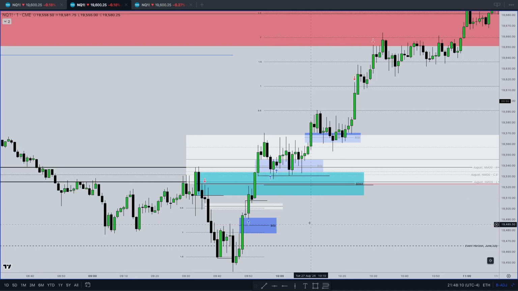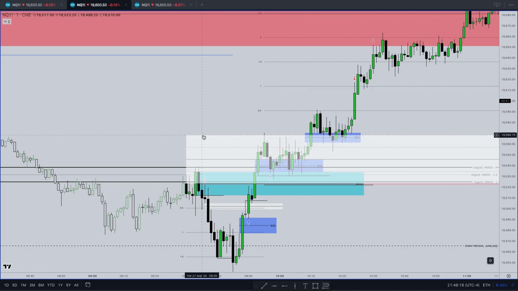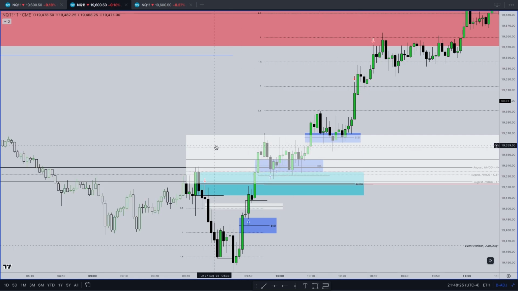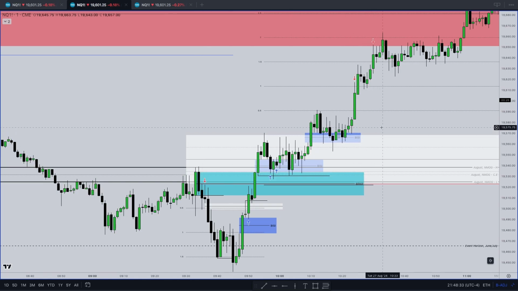Look how we close, and we move aggressively, and we create another imbalance to move outside of this gap here, and we are respecting the upper portion of this regular trading hours gap, that is the 75% of this gap right here, you can see, and the bodies are respecting this BC.